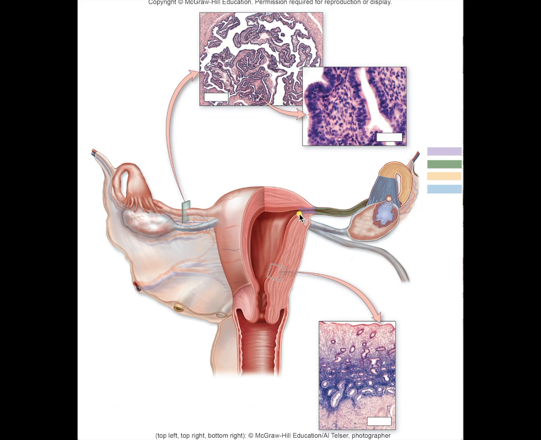Its job is to create a luxurious environment for a fertilized ovum. If it's a fertilized egg, it will come in and bury itself, hopefully, into this upper part of the uterus, into the endometrium. That's where the placenta will begin to develop, and then the fetus will begin to develop.